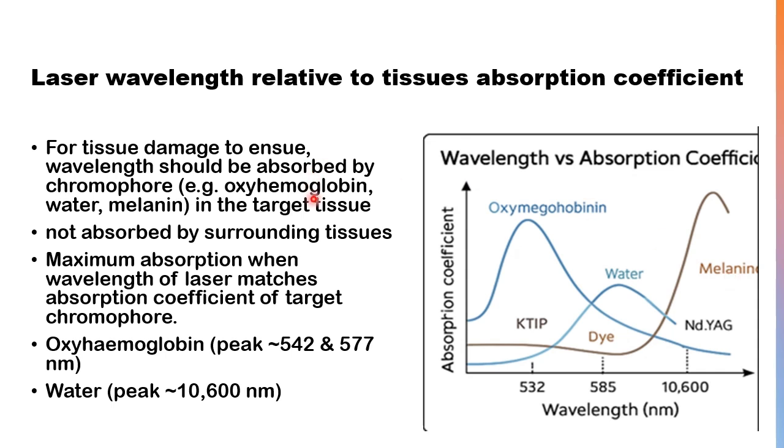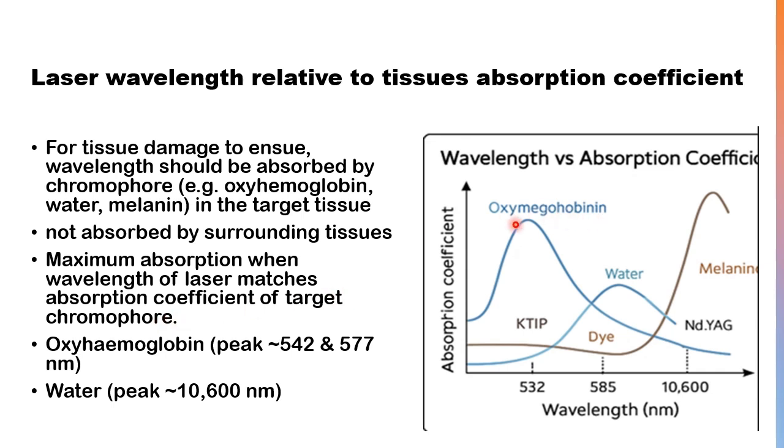Preferably the other parts of the tissue would not absorb enough energy, so that no collateral damage happens. The maximum absorption of energy occurs when the wavelength of the lasing beam matches the absorption coefficient of the chromophore.